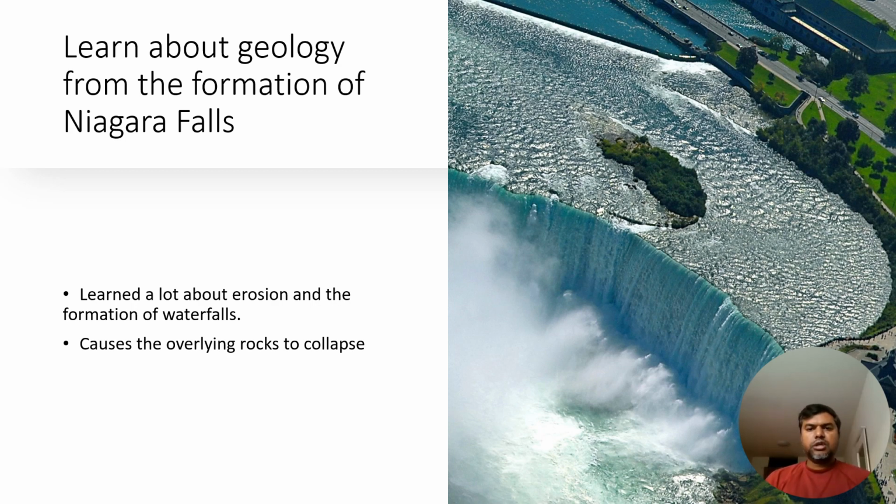The community around Niagara Falls has had to adapt to the constant erosion and movement of the falls. Safety measures have been put in place to prevent accidents, such as railings and warning signs.